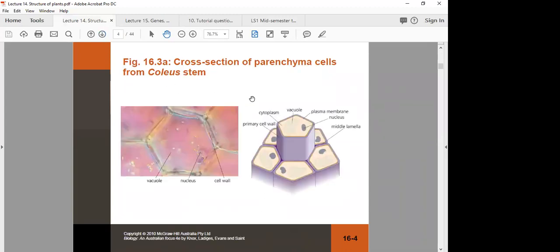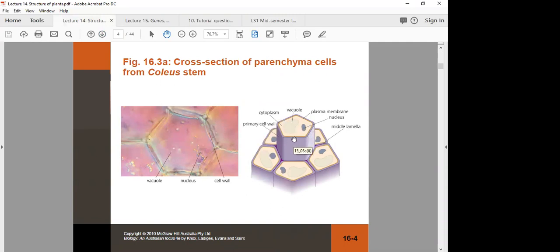So this is a cross-section of a certain type of cell from a stem, and we'll look at the structure of these cells here. So we've got several cells. This one here has just been raised up above the plane of the other cells so that we can see this outer cell wall, and you'll see that it's called a primary cell wall.